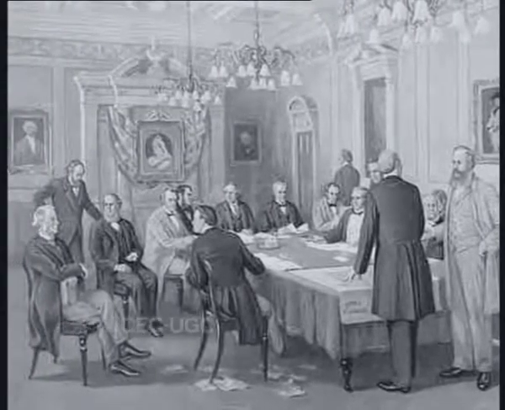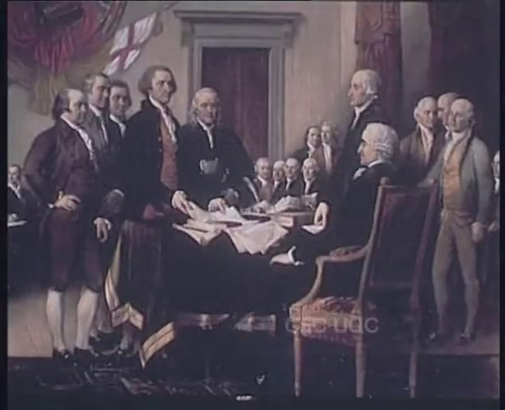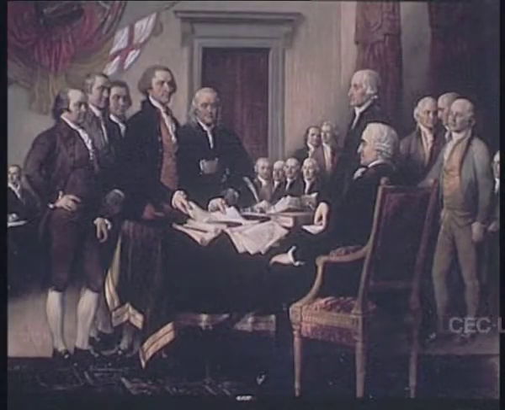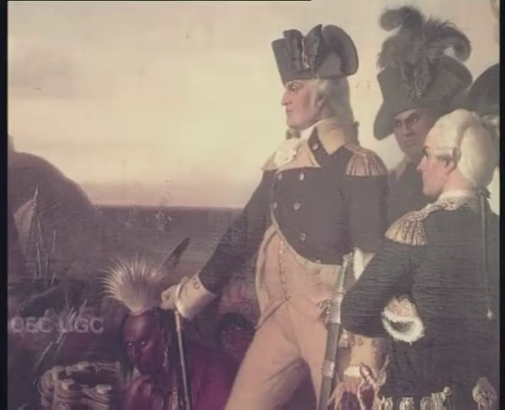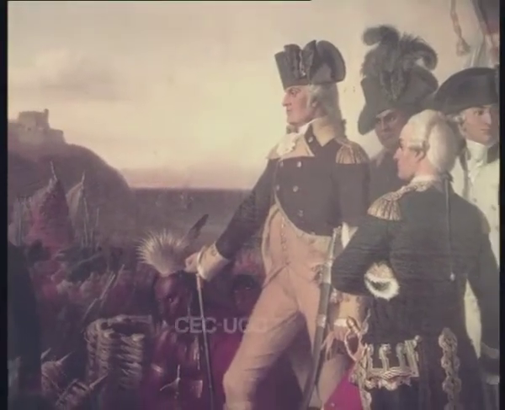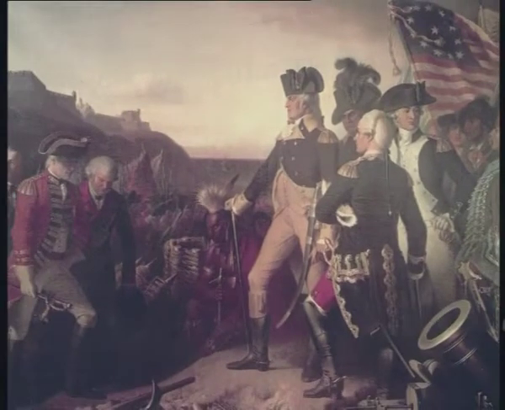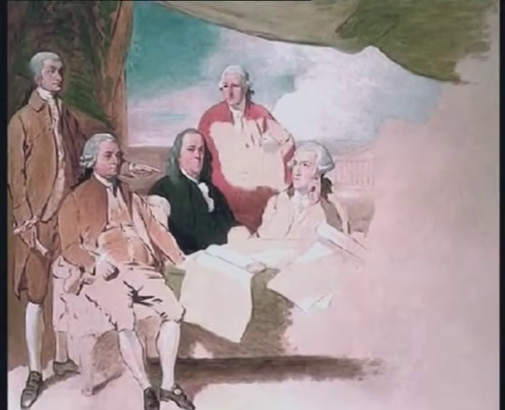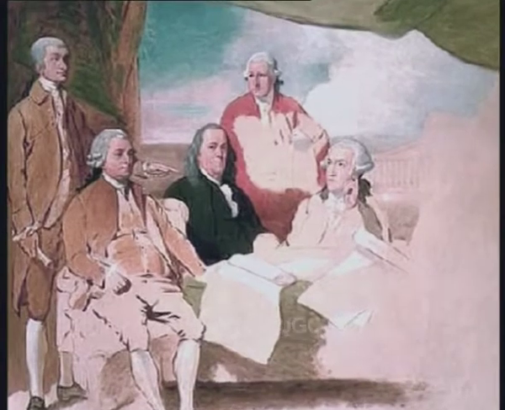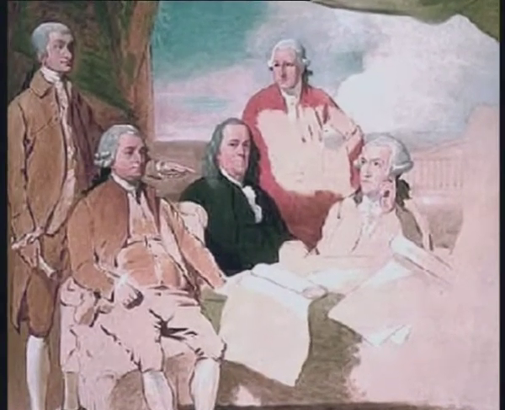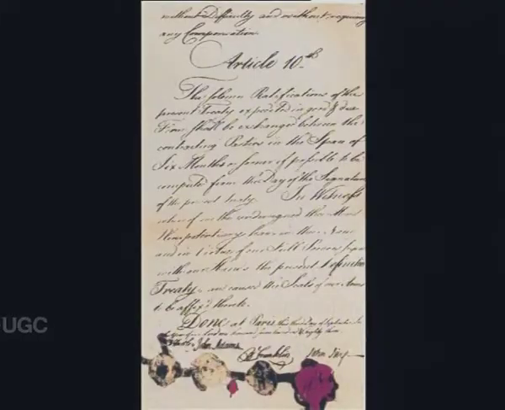This resulted in an American Declaration of Independence in 1776 and the victory over the British on the battlefield of Yorktown in October 1781. The long War of Independence finally ended on the 3rd of September 1783, when the Treaty of Paris was signed and Britain formally recognized the United States as an independent nation.